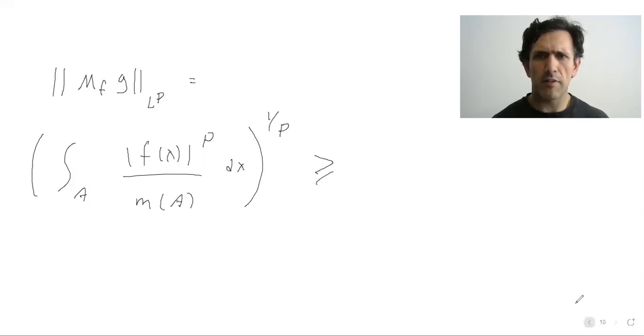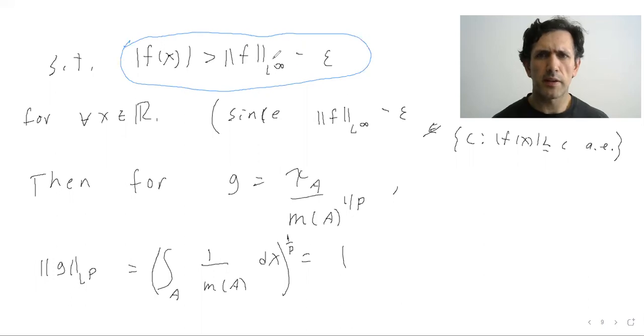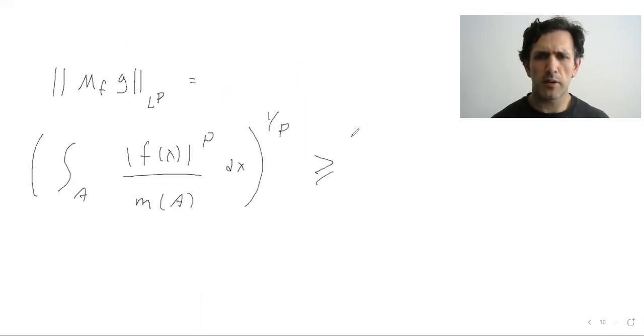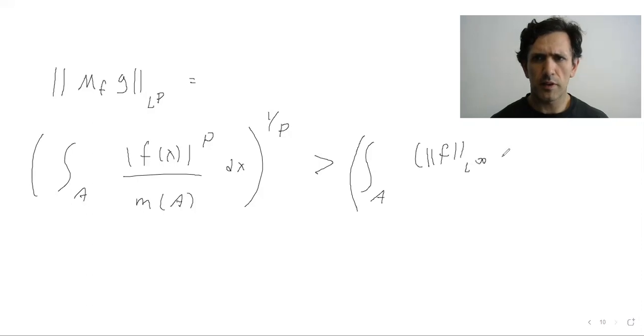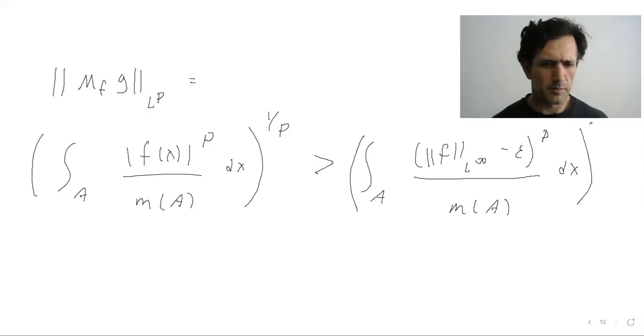But on A, f of x is bigger than this here. So this is bigger than, sure, make it bigger, the integral over A of the L infinity norm minus epsilon to the p over m of A, to the 1 over p.